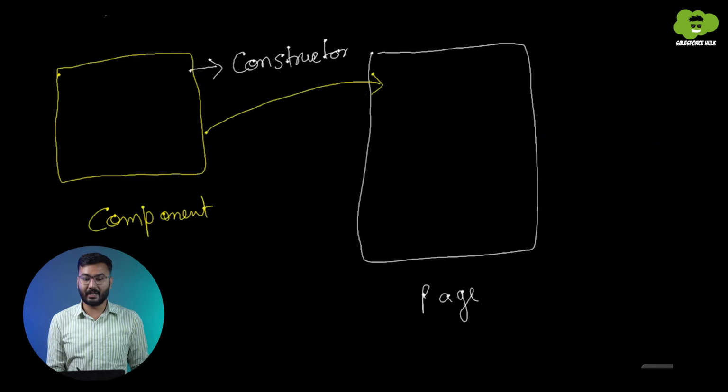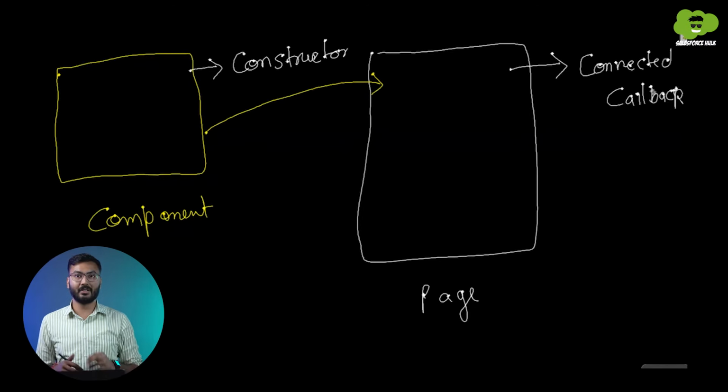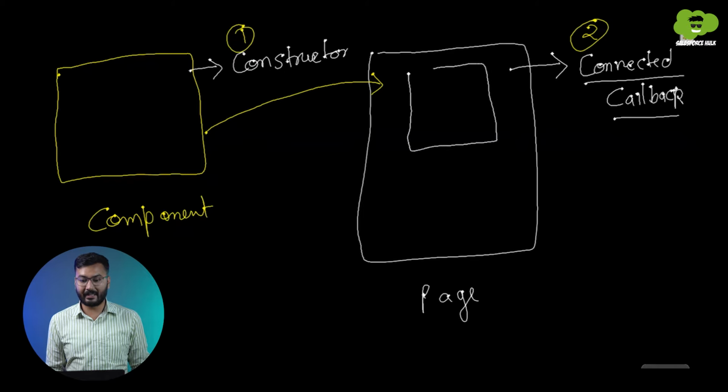And once it is put into that page, the next stage is connectedCallback. So you can remember that whenever the component is put onto the page, whenever we are loading that page, then one method will be called, that is connectedCallback. So first was what? Constructor. Second stage is what? connectedCallback.